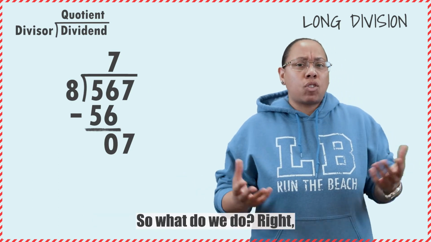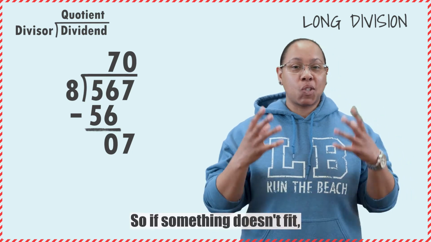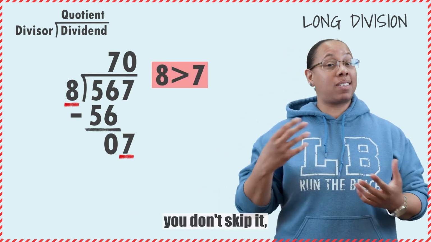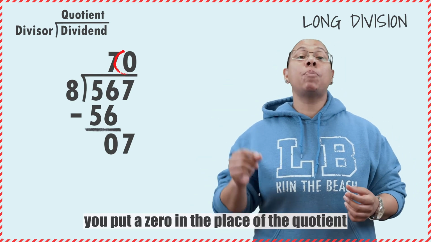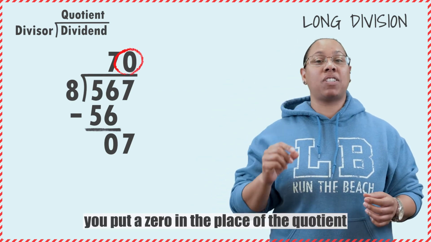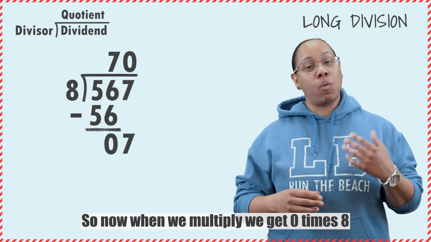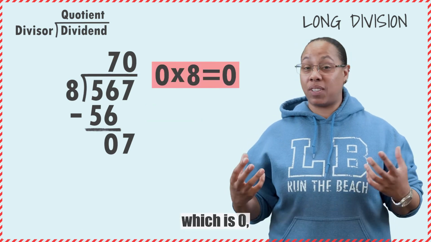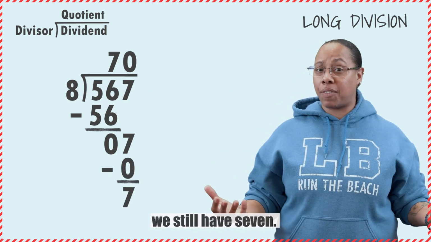So what do we do? Right, we put a 0. If something doesn't fit, you don't skip it, you don't ignore it, you don't bring down the next digit, you put a 0 in the place of the quotient to say that that doesn't fit. So now, when we multiply, we get 0 times 8, which is 0. We subtract that, 7 minus 0, we still have 7.